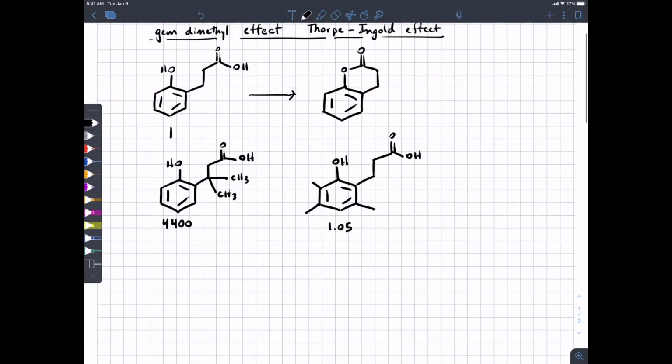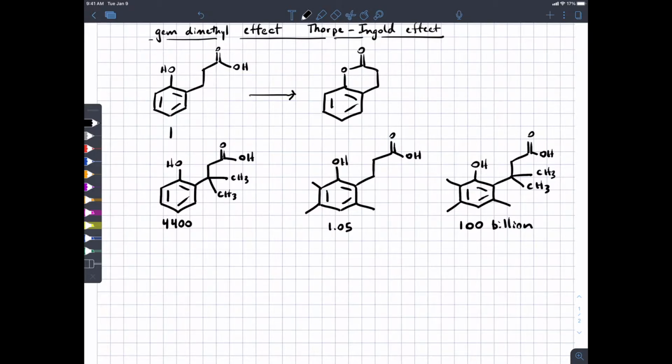It basically has the same rate of making the lactone. But if you combine those methyl groups on the ring with the methyl groups on the carbon chain, suddenly the rate of making the lactone goes up by a factor of 100 billion.